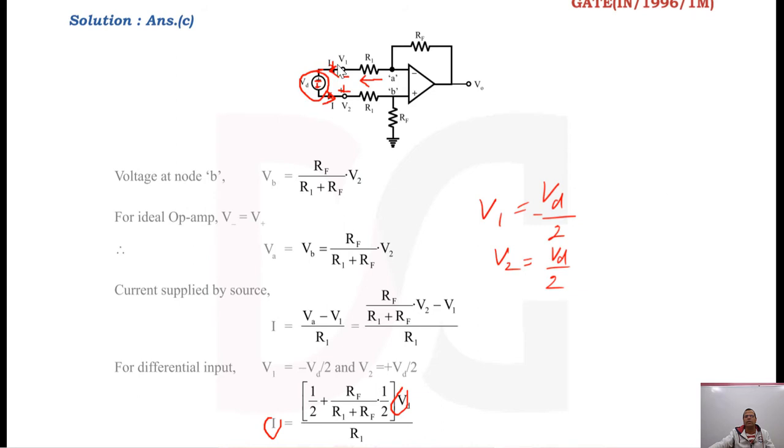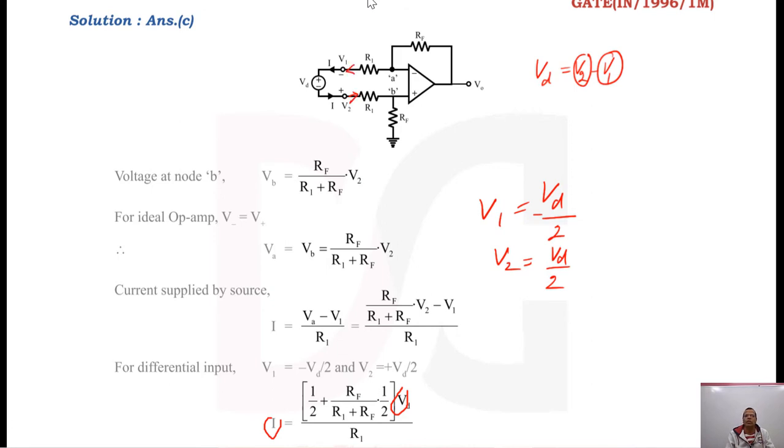So there was little confusion about this part. So I will just rectify this particular issue here. Remember, differential input voltage of op-amp is nothing but the voltage at non-inverting terminal minus voltage at inverting terminal. So that means V2 is positive and V1 is negative, and in that case current will be entering from V2 side and it will be leaving from V1 side.